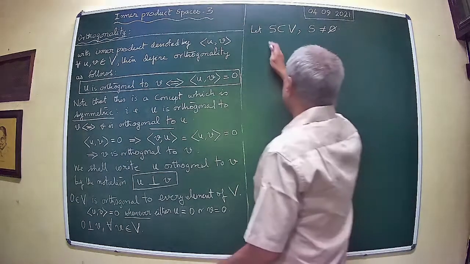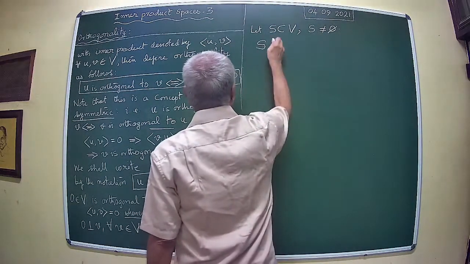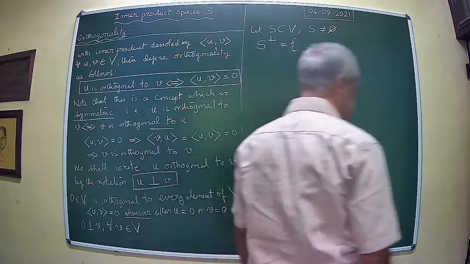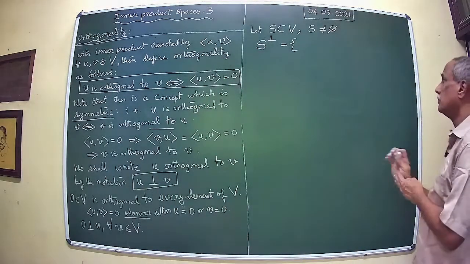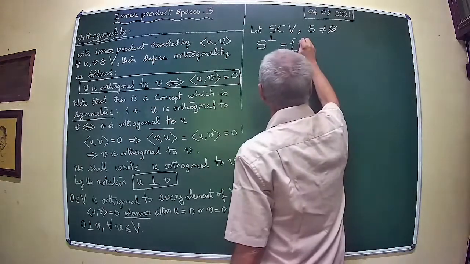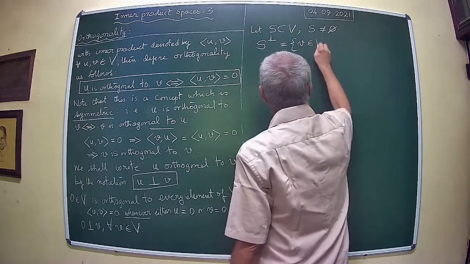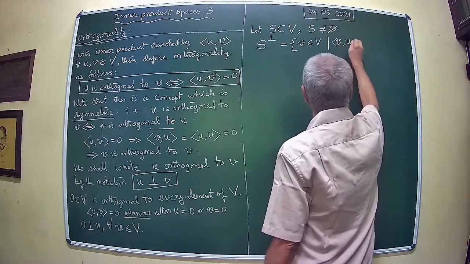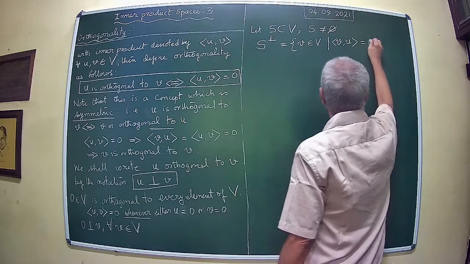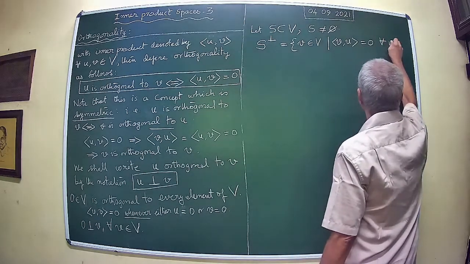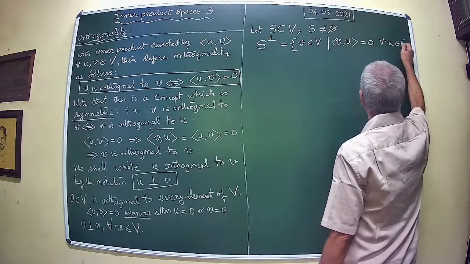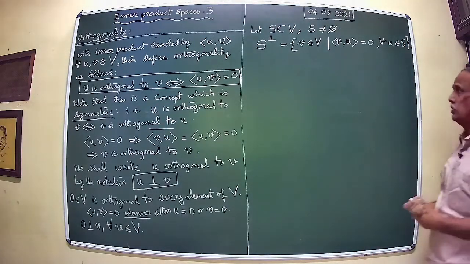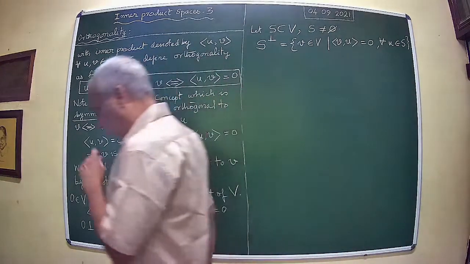Now we can define what is called S perp. S perp is the set of all vectors v belonging to V such that the inner product of v and u equal to 0 for all u in S. We denote it this way, we call this S perp.